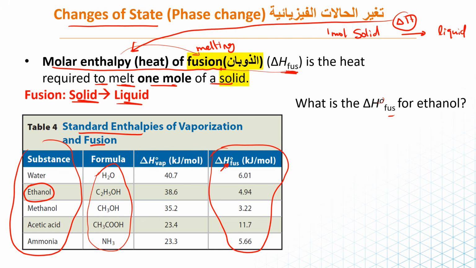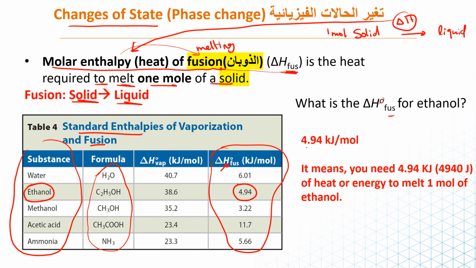Delta H fusion is going to be 4.94 kilojoule per mole. What does this value mean? It means that you need 4.94 kilojoules of energy or heat to melt 1 mole of ethanol. This is the meaning of delta H not fusion.